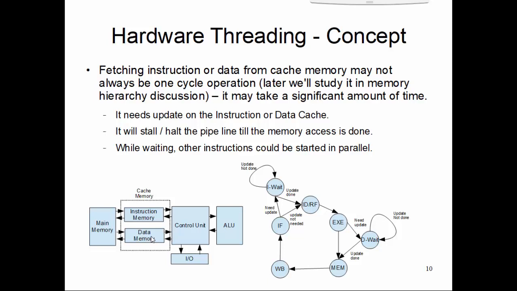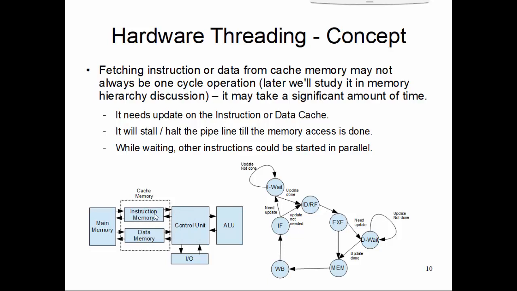Now that poses a challenge, right? Let's say the control unit is operating on your instructions, fetching instructions from the instruction memory, fetching the corresponding data from the data memory, crunching, processing, etc. Now at some point, the control unit may want to fetch an instruction which is not part of this intermediate instruction memory.